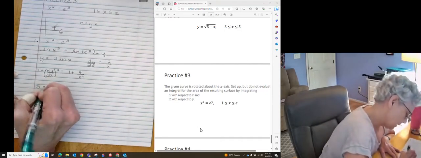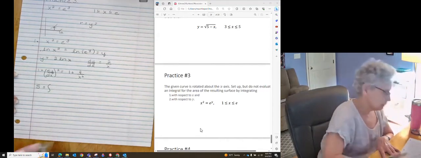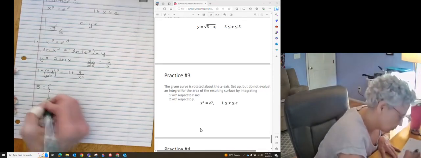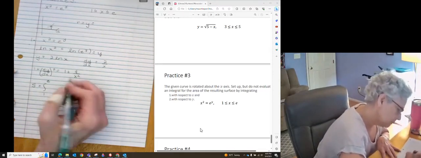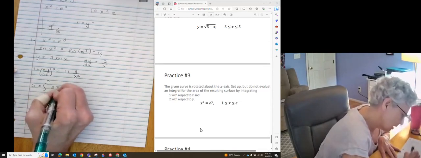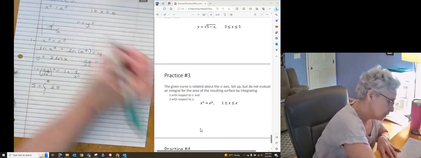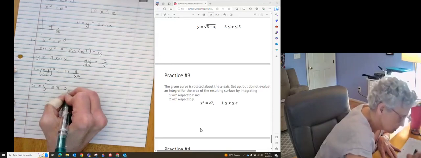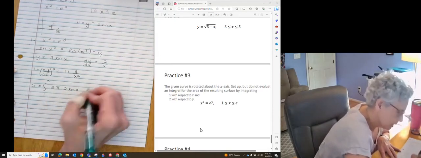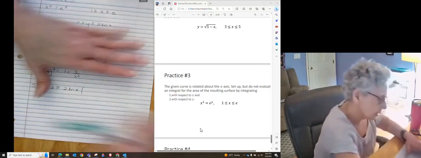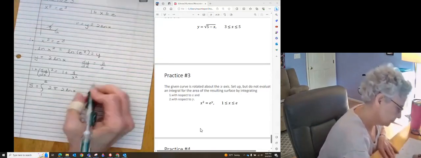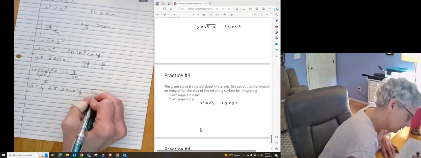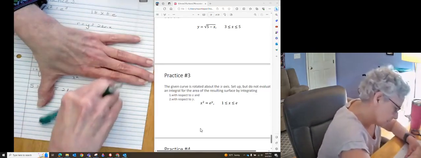So my surface area is equal to, and I'm given my limits of integration because I have my x's, from 1 to e, 2 pi times the radius, which is y, which is 2 natural log of x, times the square root of 1 plus 4 over x squared.